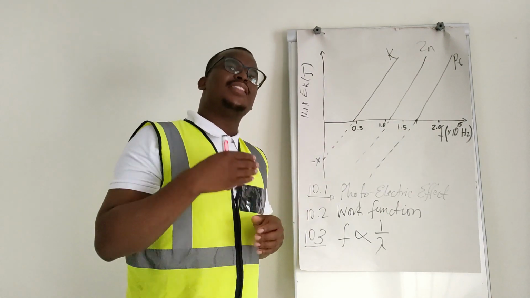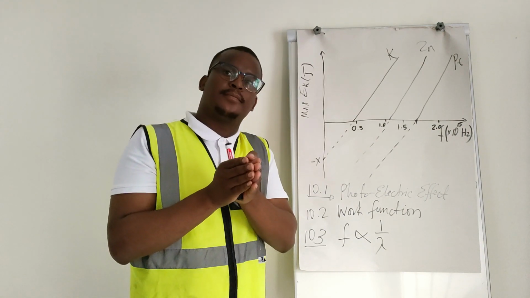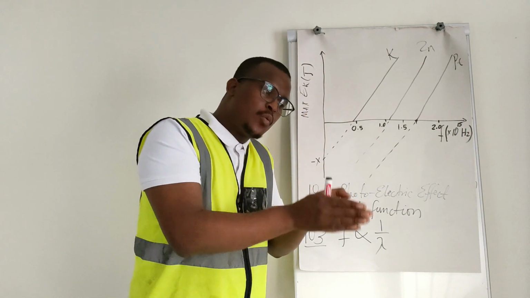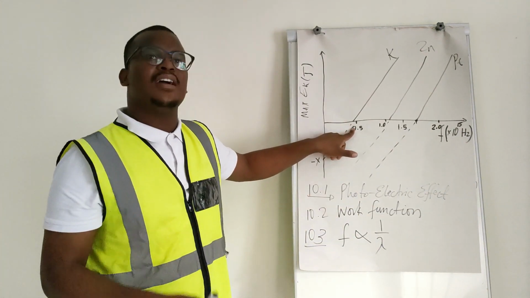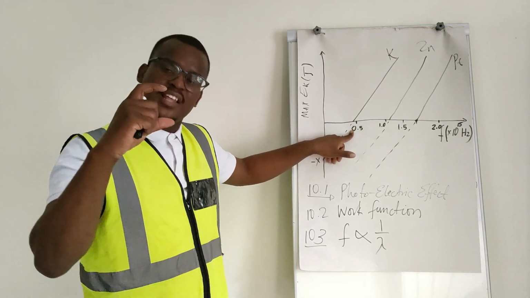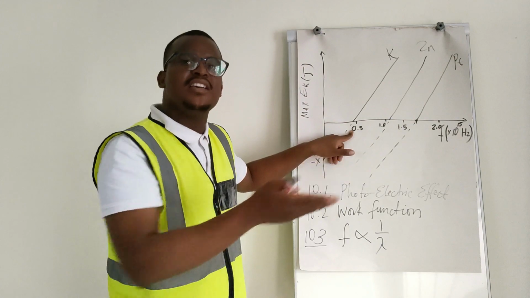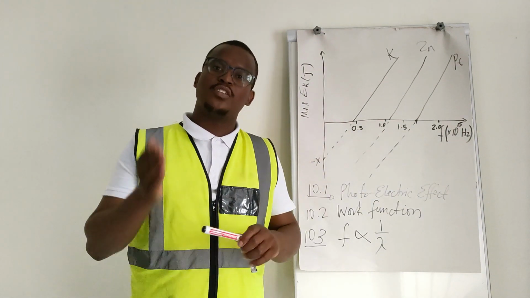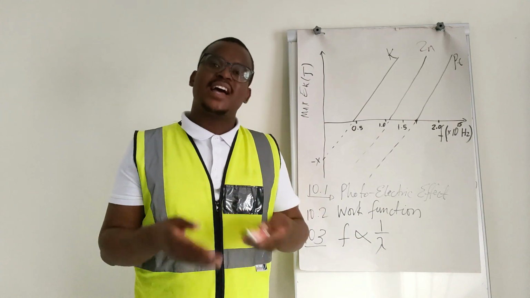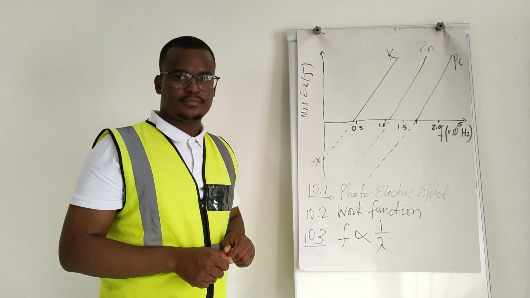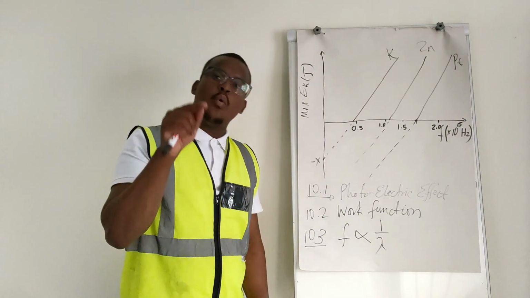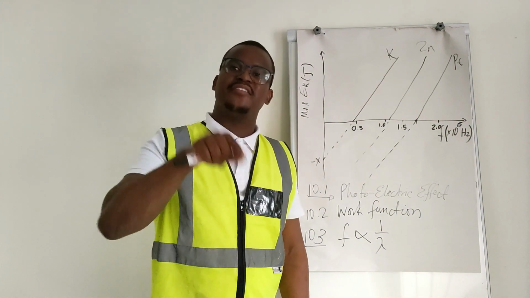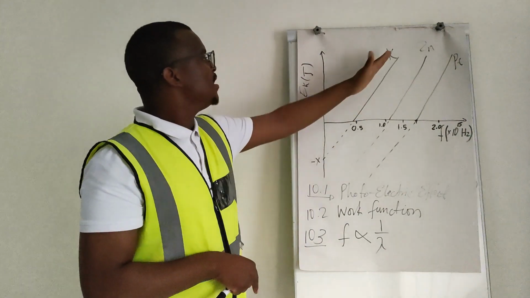The higher the frequency, the shorter the wavelength; the lower the frequency, the longer the wavelength. So potassium, which has the lowest frequency of these metals, is going to have the longest wavelength.